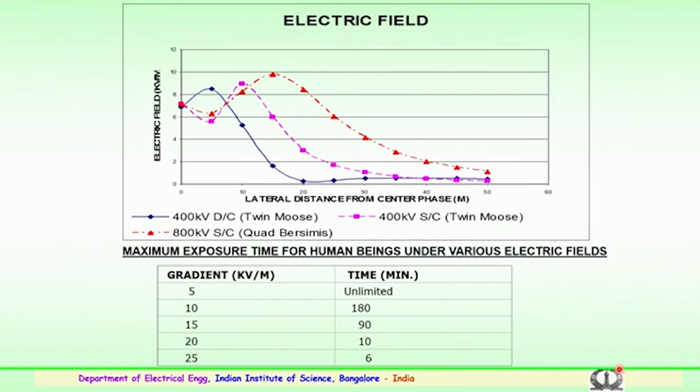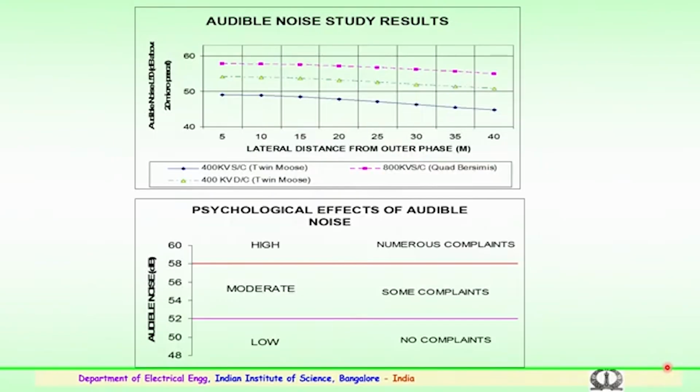In case the exposure is more than the specified limit, the human could be uncomfortable or could feel the effect of the electric field because of these gradients, where he will not be able to tolerate it.